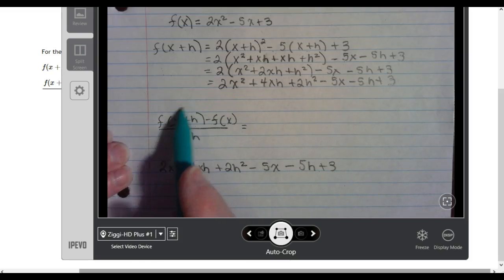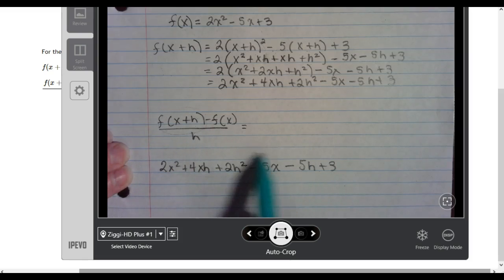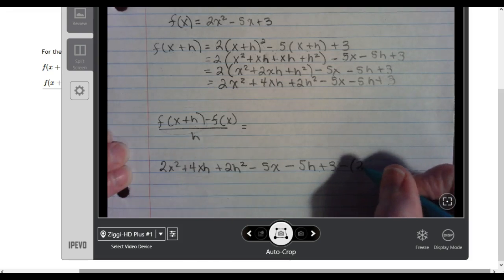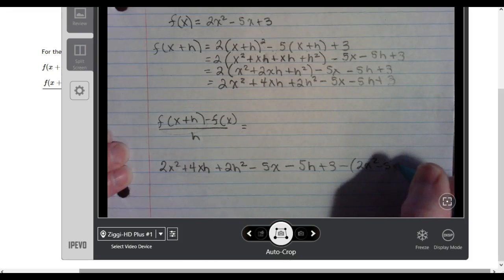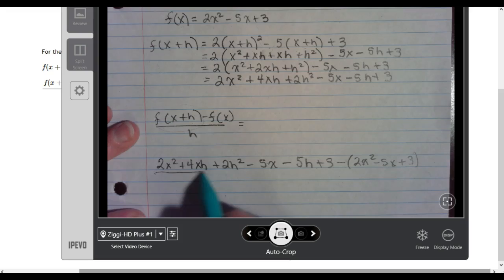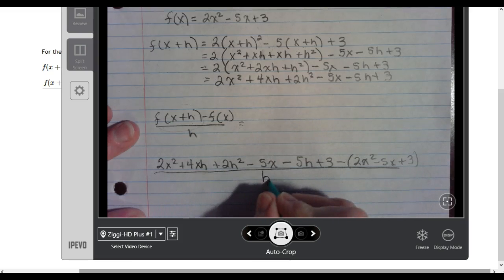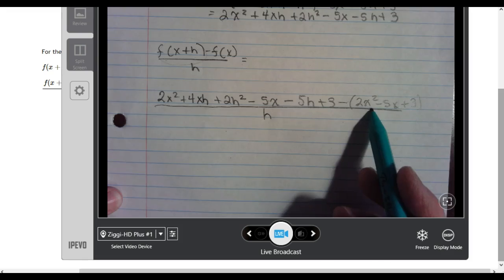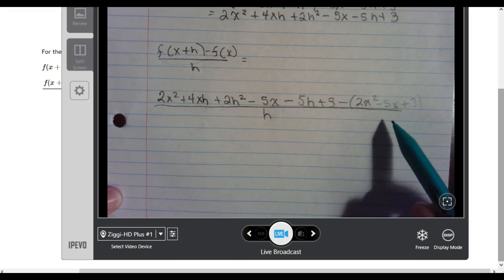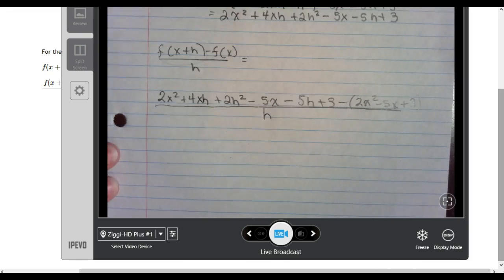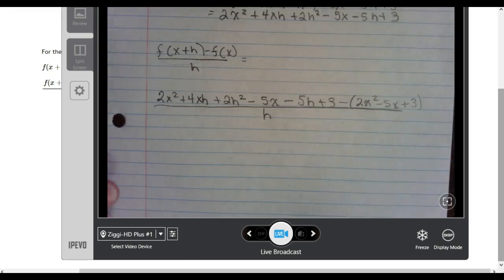Okay, so this is this minus, and then we're going to put our function in there. 2x squared minus 5x plus 3. And all of this is divided by h. Okay, so again, let's see what we can do to simplify here. So I'm going to distribute the negative into this 2x squared minus 5x plus 3.